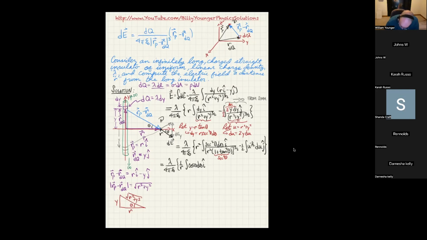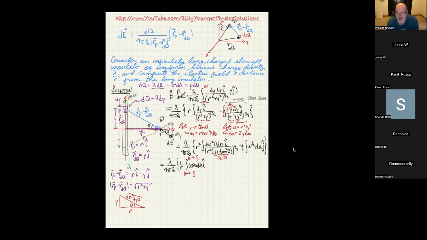We're going to integrate from theta approaching negative pi over 2 to theta approaching pi over 2. Because notice as theta goes to 90 degrees, y goes to infinity, which is really what we were initially integrating from. So I'd say from negative infinity to positive infinity, that would have been our range of integration to begin with.